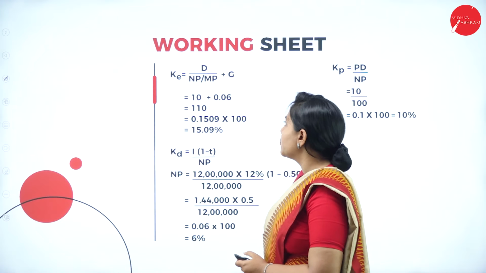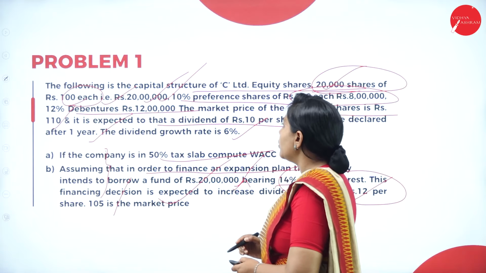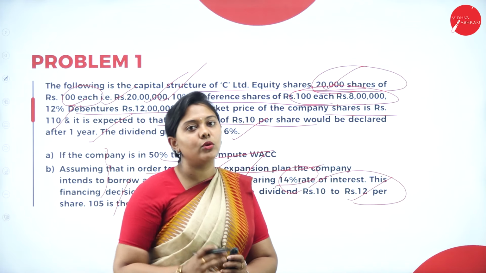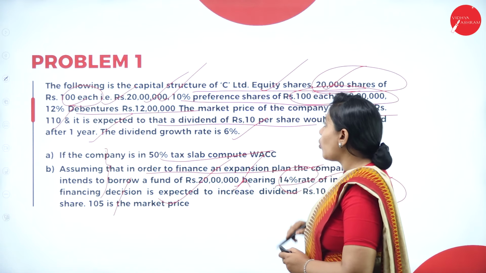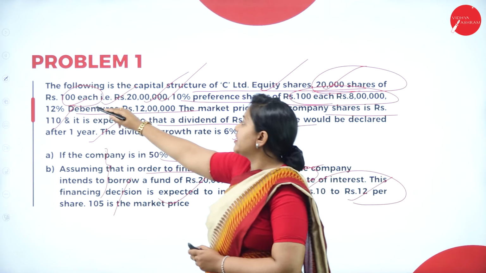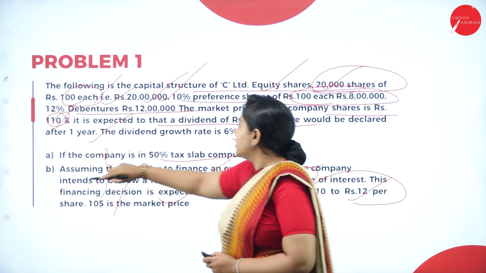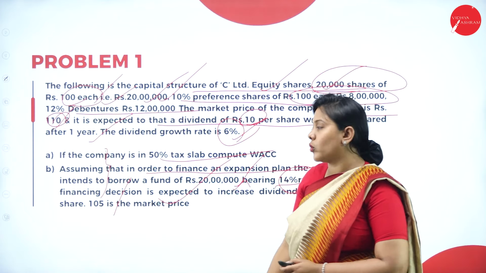Moving forward, let us calculate the cost of equity first. In order to compute the WACC table, specific cost is essential, so we are calculating specific cost. Cost of equity shares, what is given? 100 rupees is the net proceeds. Further, they have given the market price, the dividend and the growth rate.